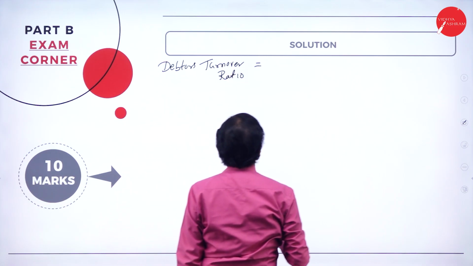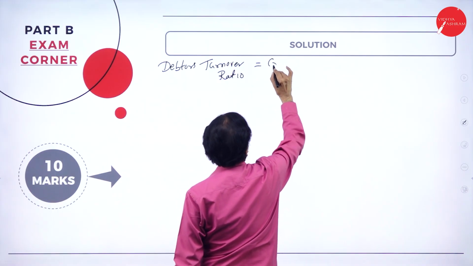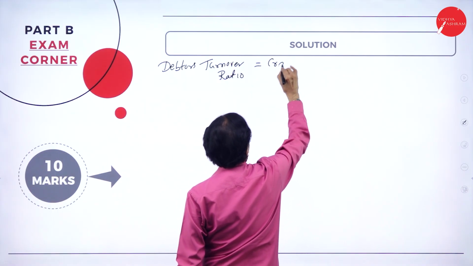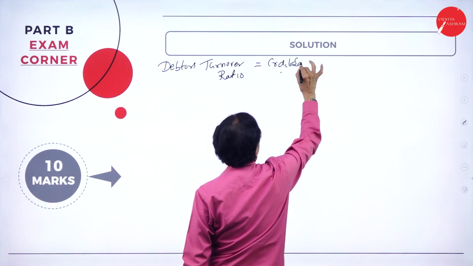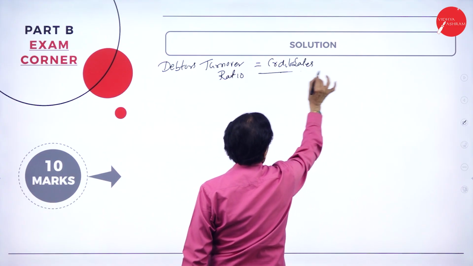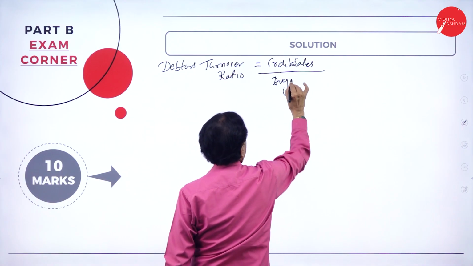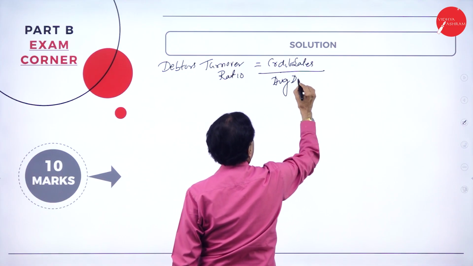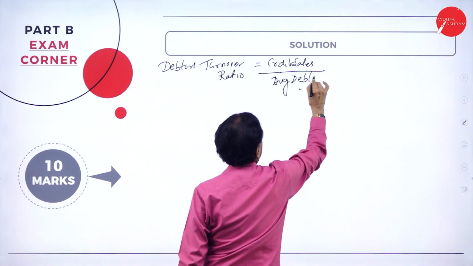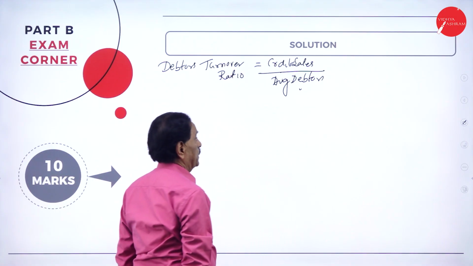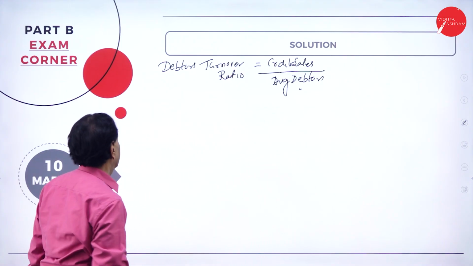Is equal to credit sales divided by average debtors. Credit sale divided by average debtor.